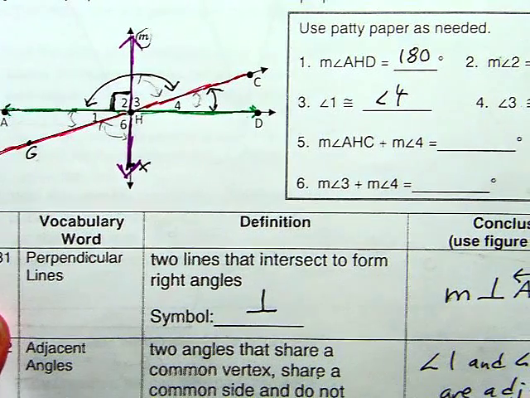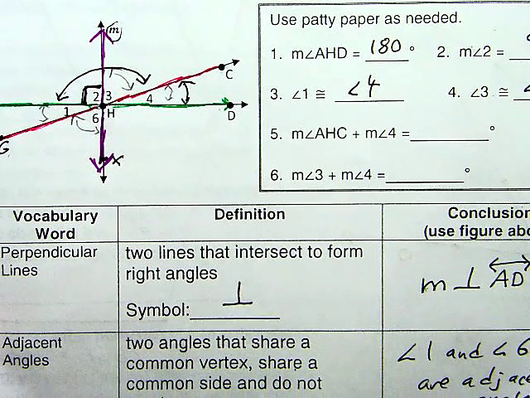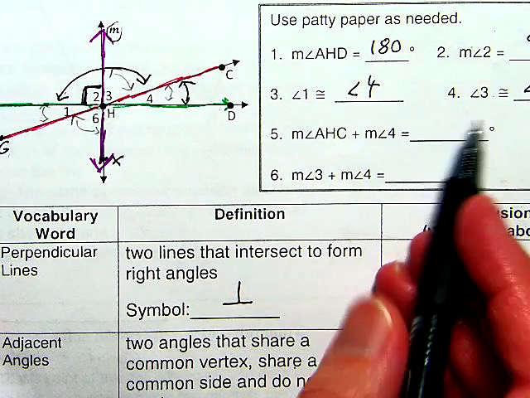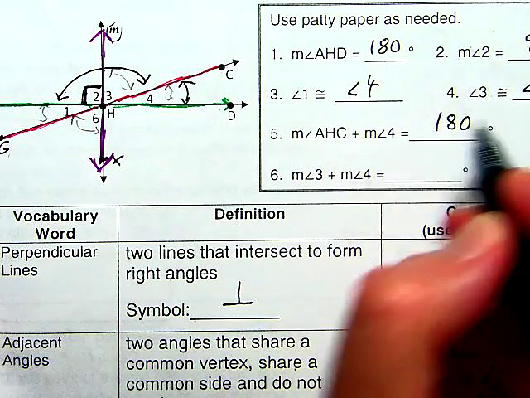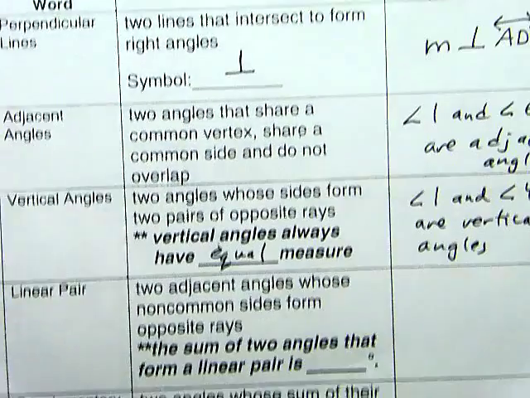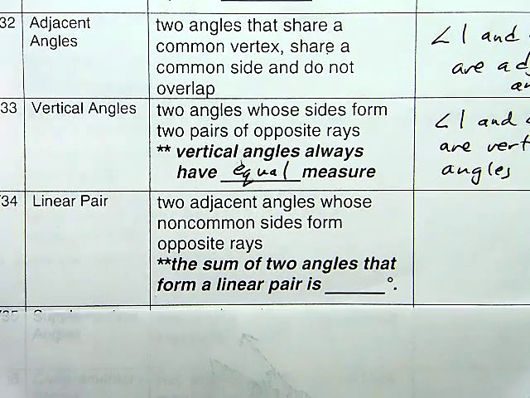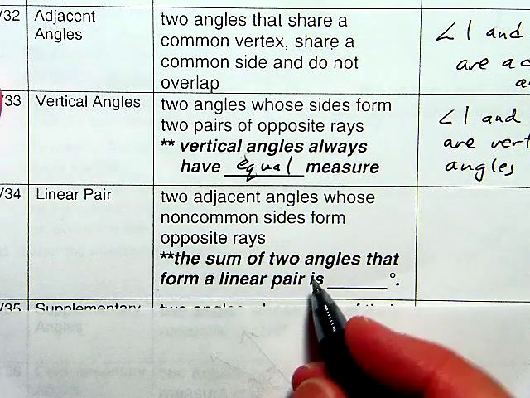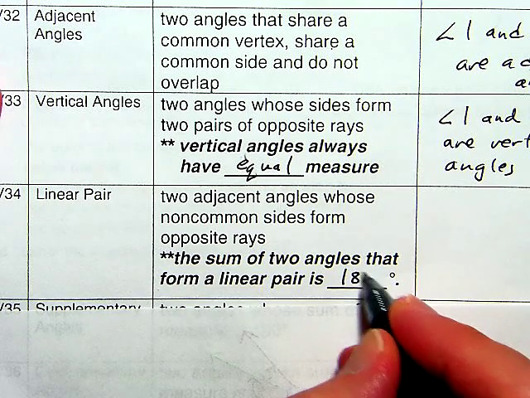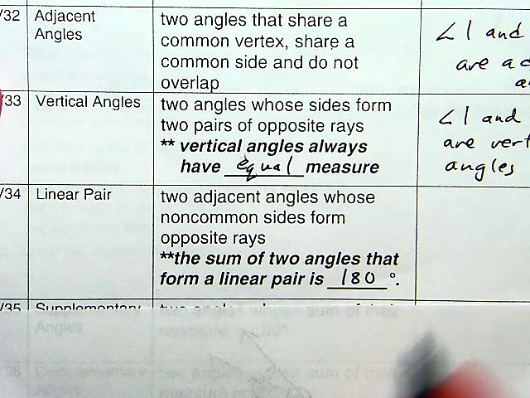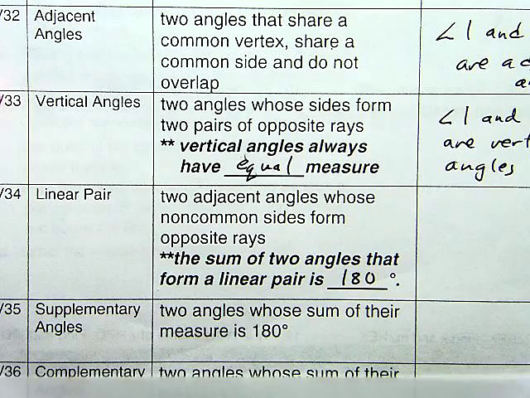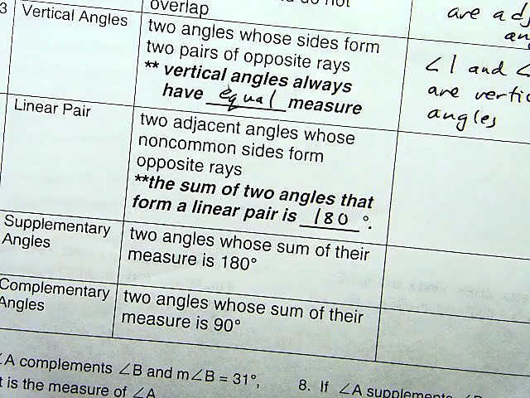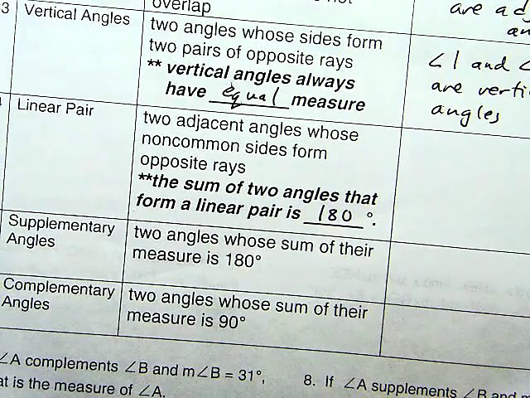So because we know a straight line is 180 degrees, we can say that the measure of angle AHC plus the measure of angle 4 is 180 degrees. And down here, we have the definition of linear pair. We just went over, and the sum of two angles that form a linear pair, therefore, must be 180 degrees.